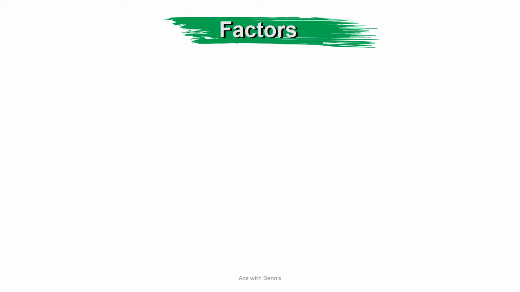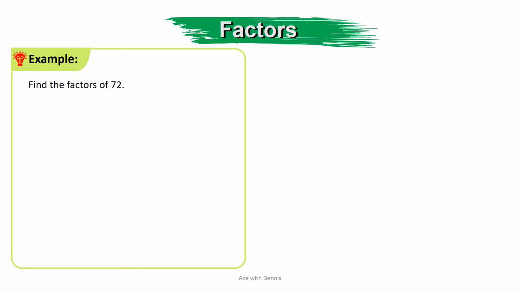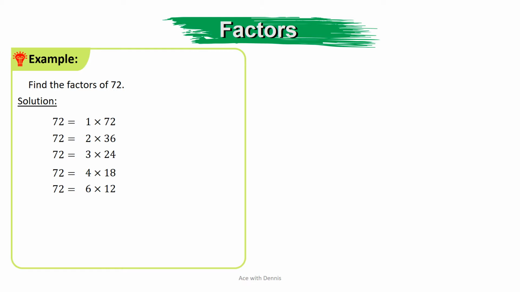Now, let's look at this question. Find the factors of 72. Here is the solution. 72 equals 1 times 72. 72 equals 2 times 36. 72 equals 3 times 24. 72 also equals 4 times 18. 72 equals 6 times 12.